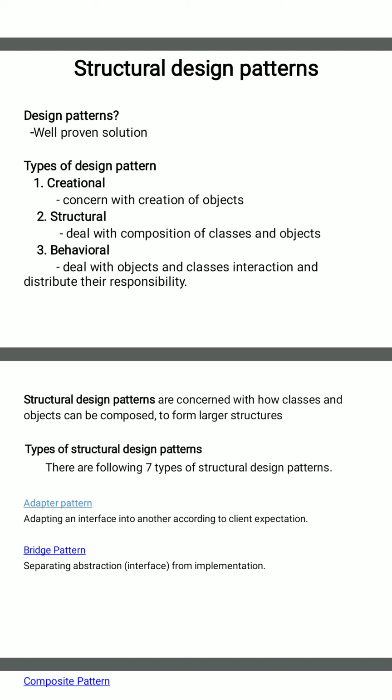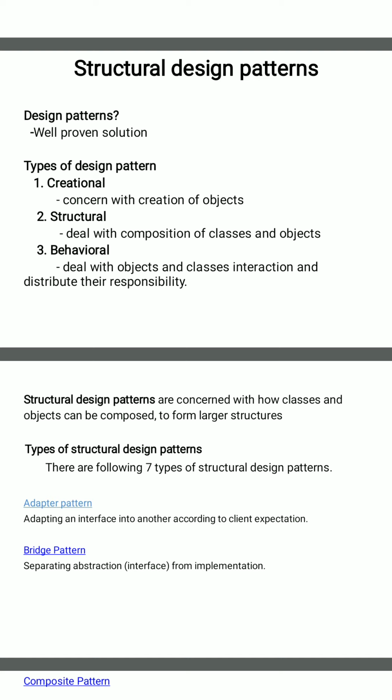Then coming to the structural design pattern, it deals with the composition of classes and objects, which means how we are going to integrate the classes and objects together to form a larger structure. Structural design patterns will give the model of the application, how we are going to arrange the classes together in order to form the structure of the application.